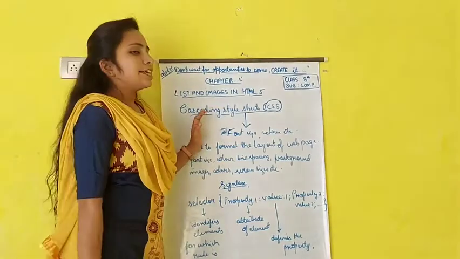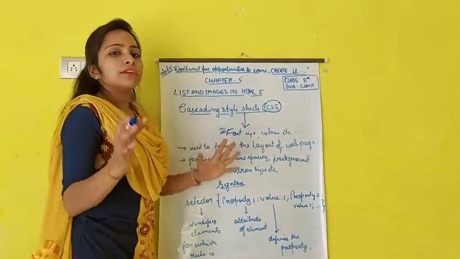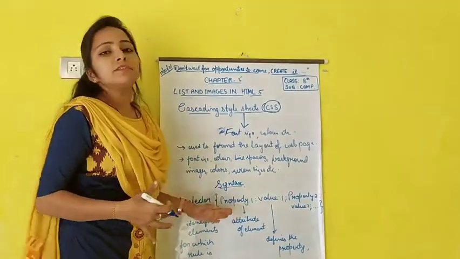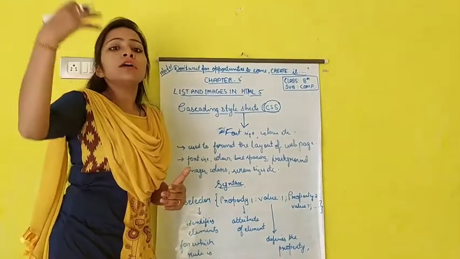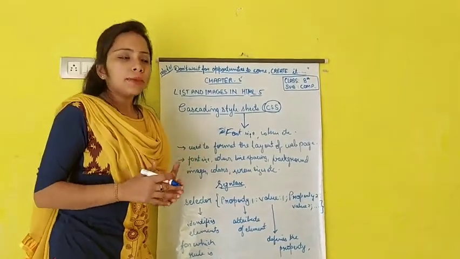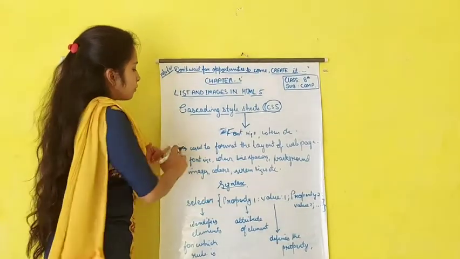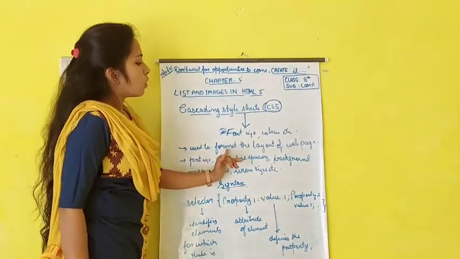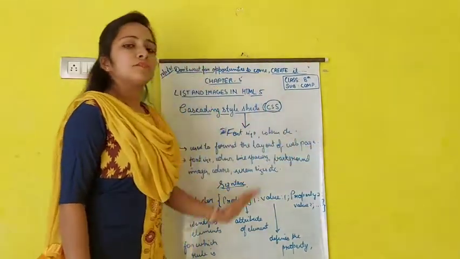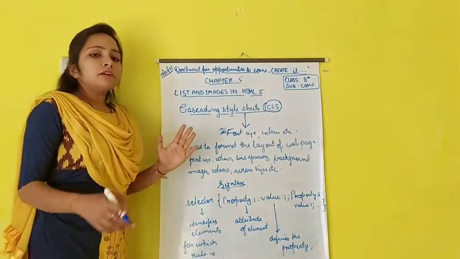Here we will get all the basic things, whatever we want for controlling our web page, and how it will look to the user or the audience. Now, some important points or characteristic features: first, it is used to format the layout of the web page. What do you mean by web page?